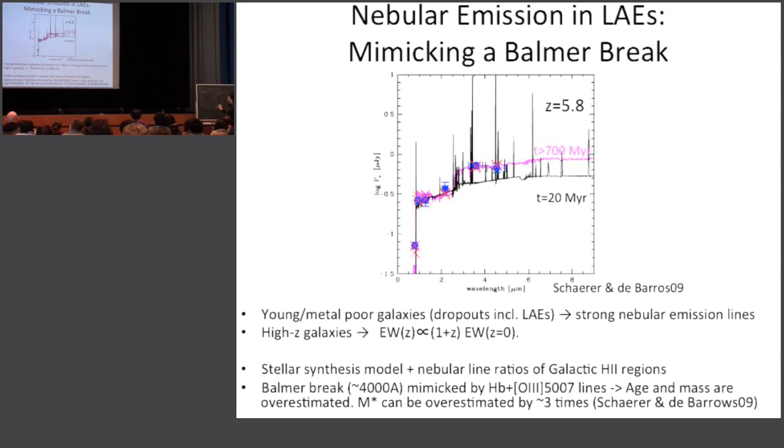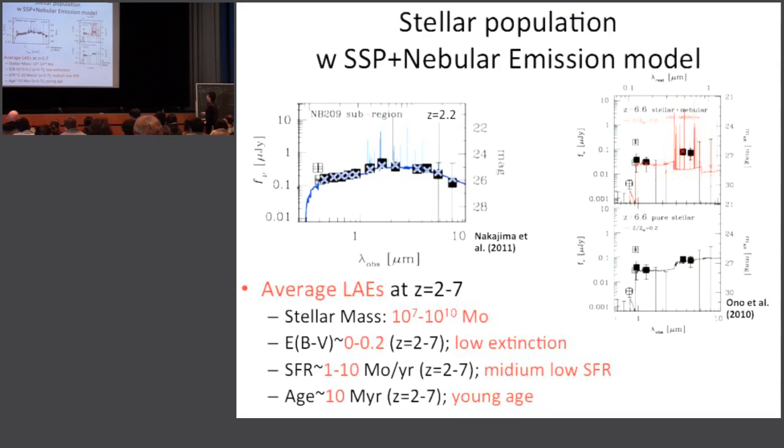If you do not include the nebular emission lines, you overpredict the mass and the age significantly; the stellar mass is overestimated by a factor of 3. So people started to use the nebular emission line model with the stellar synthesis model.